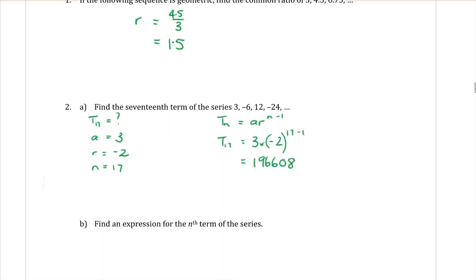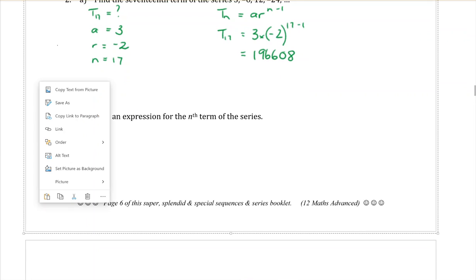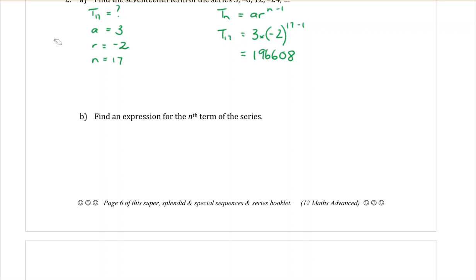All right, part B. Find an expression for the nth term of the series. That just means I want to use the same A. This is still the same question. A is still 3 and R is still minus 2. I just want to find the general term, meaning I want n to stay in my equation.